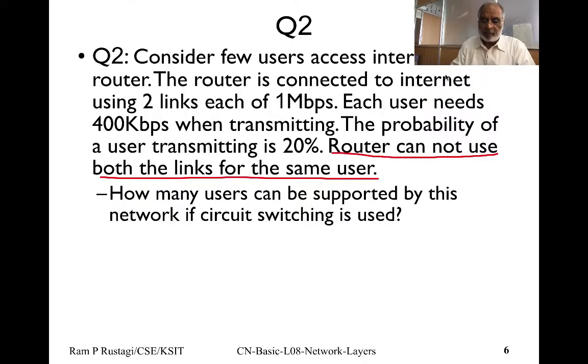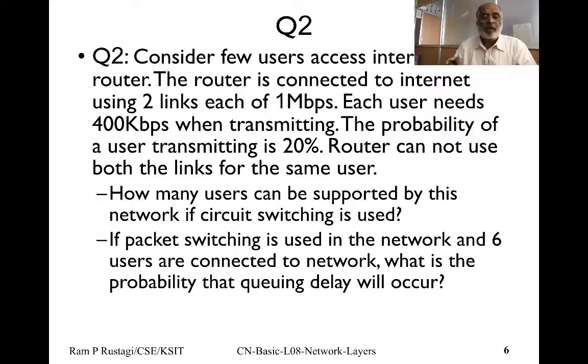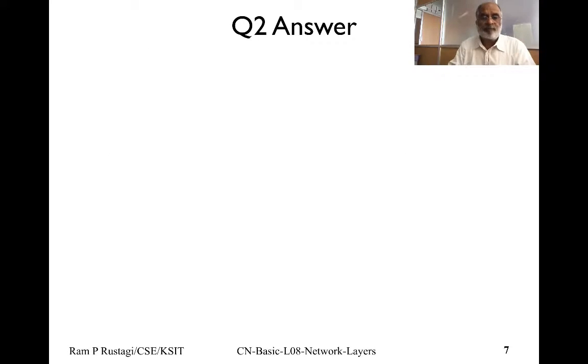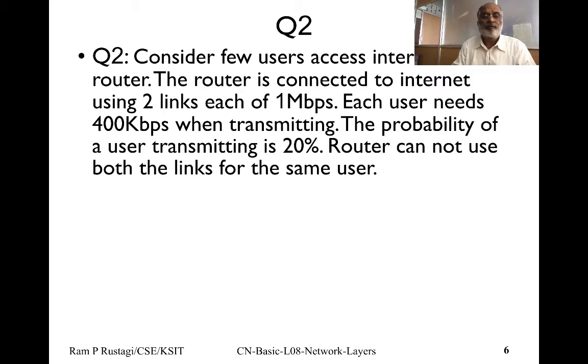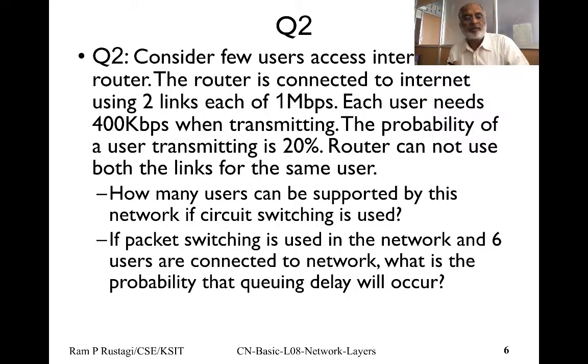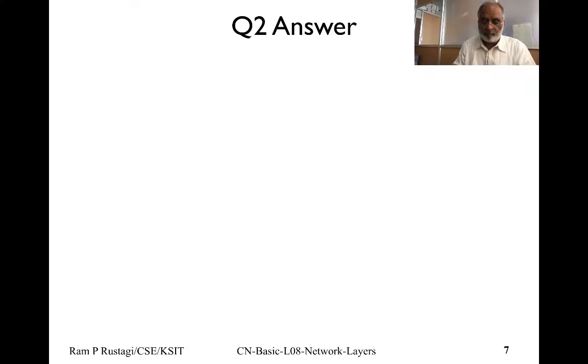And the second question is, if packet switching is used in the network and 6 users are connected to the network, what is the probability that packets will be queued? So work out your answers, and once you are ready, continue with this talk and then verify your answers.